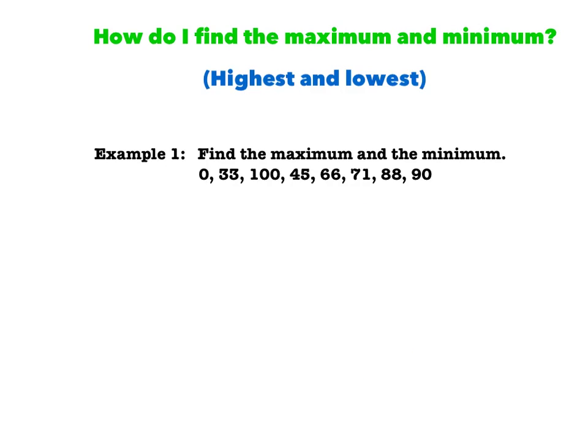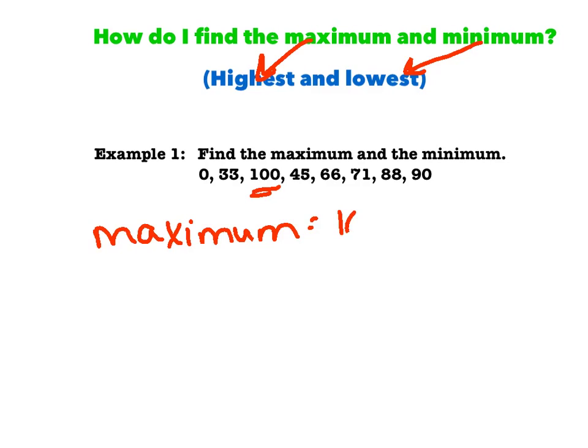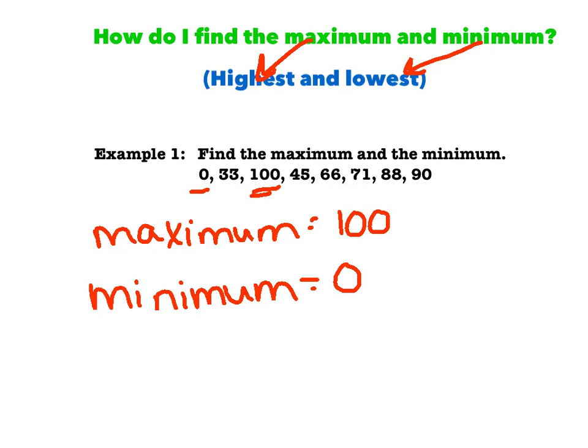So how do I find the maximum and the minimum? Well, remember, the maximum is your highest number, and your minimum is your lowest number. So my maximum is my largest number, which is 100, and my minimum is my lowest number, which is 0.